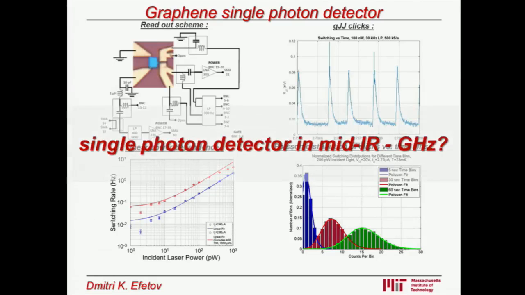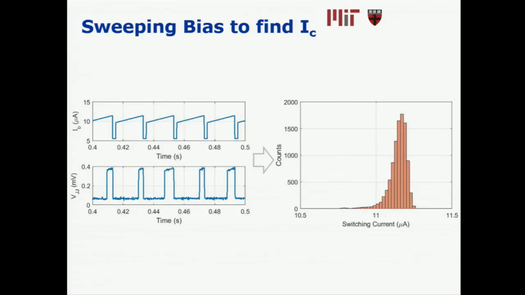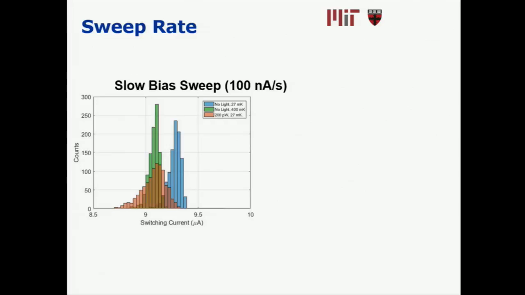We do experiments where we try to distinguish 1 versus 2 photons. This story is not conclusive enough yet that I can make a strong claim right now. But we try to estimate how much energy is 1 photon, 2 photons, and then see the switching currents and the statistics there too.